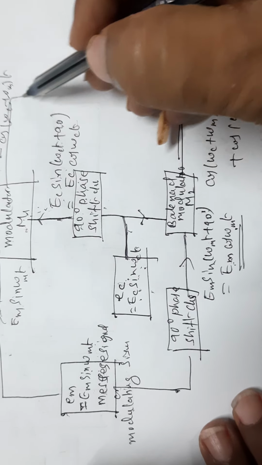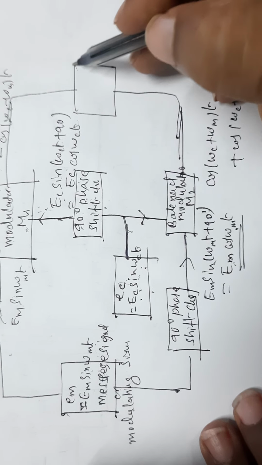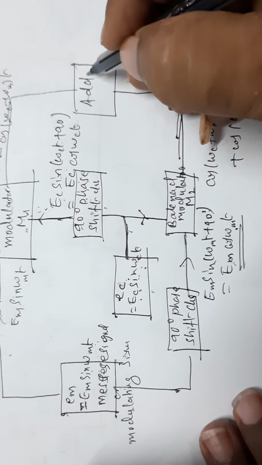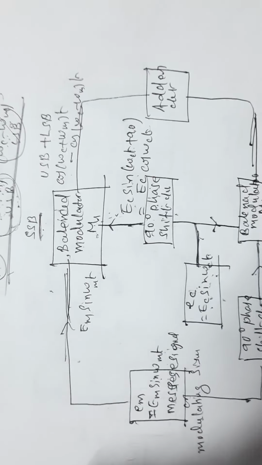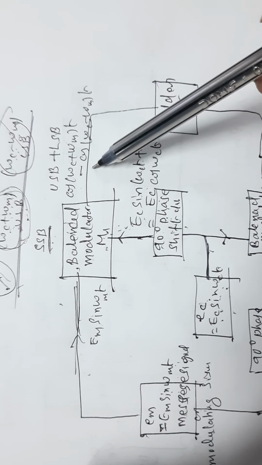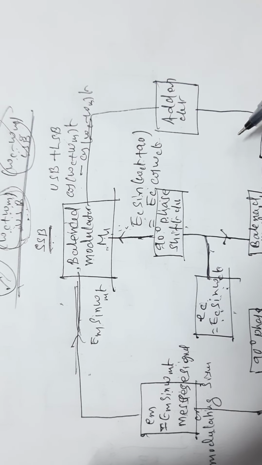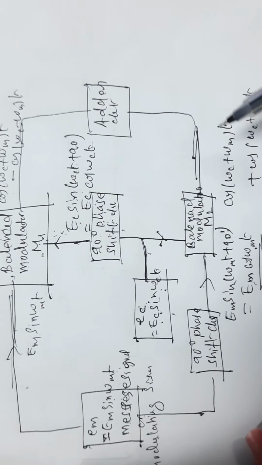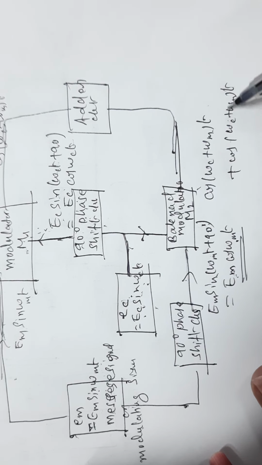Now the outputs of these are added in an adder circuit. In this adder circuit, one signal has cos of omega c plus omega m into t minus cos of omega c minus omega m into t, and the other has cos of omega c plus omega m into t plus cos of omega c minus omega m into t.